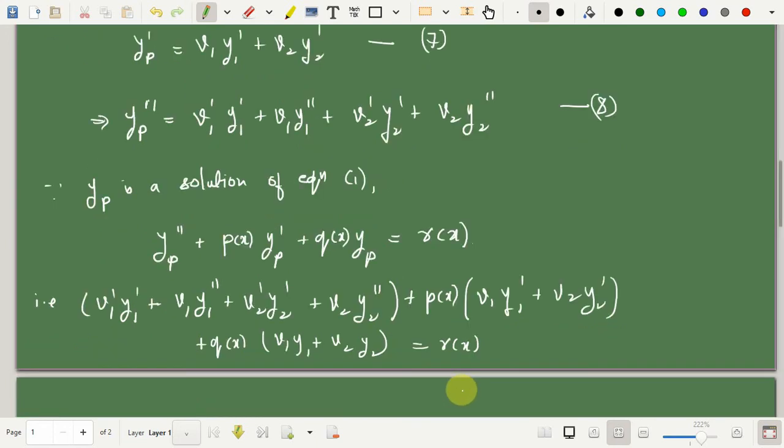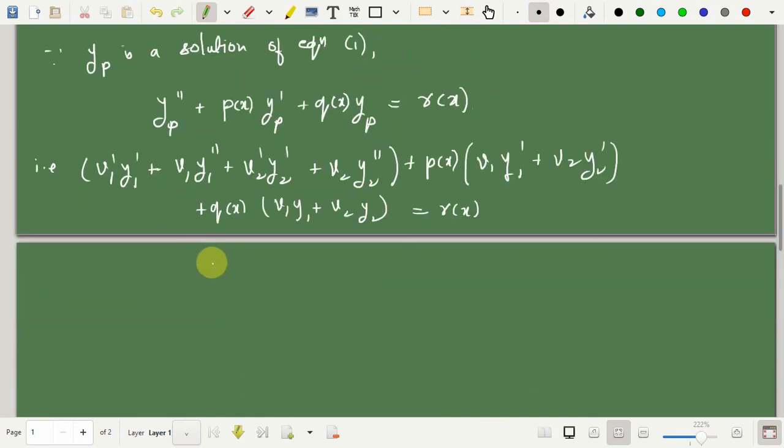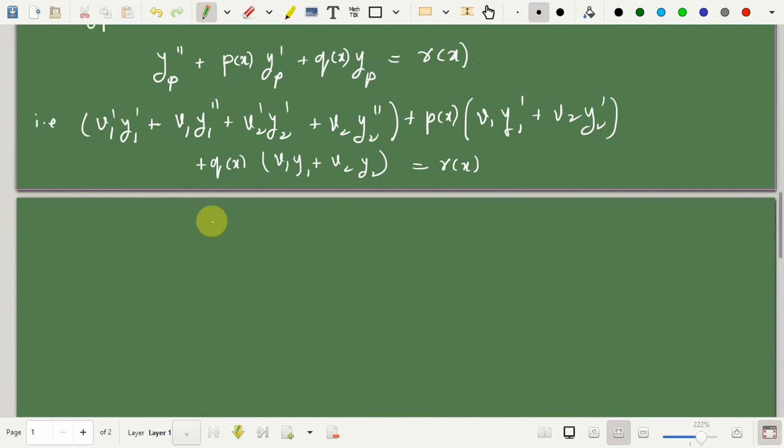Don't forget that y1 and y2 are solutions to the corresponding homogeneous equation, so we might get that term on the right hand side. If you observe the coefficients of v1 and v2, from here I have y1 prime, and from here the coefficient of v1 will be y1 prime into p of x, and from here it is going to be y1 into p of x.